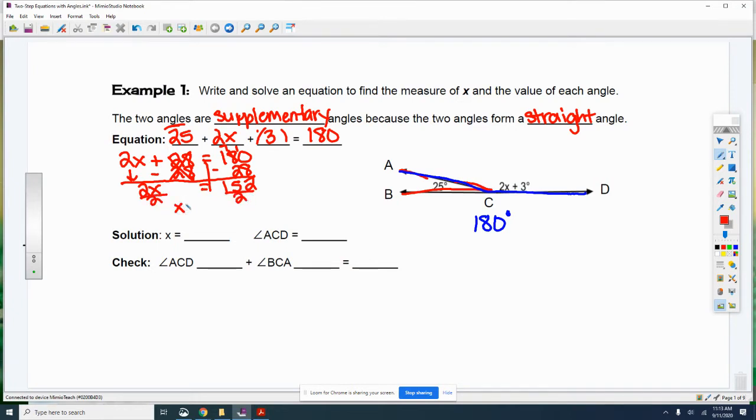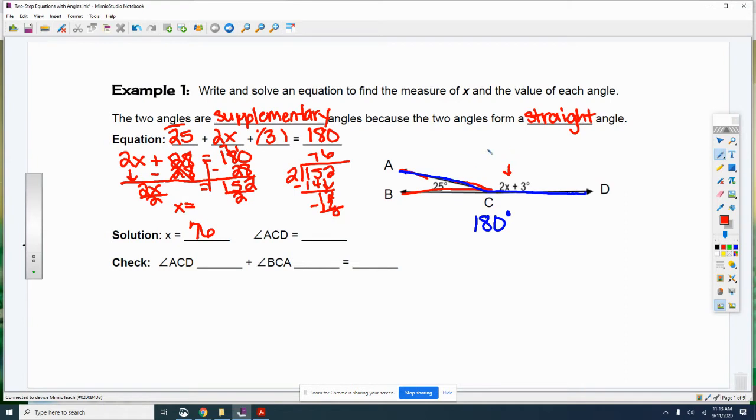So x is going to equal 2 goes into, so let's divide this out over here, 152. 7 times, which gives me 14. Bring down my 2, and 2 goes into 12 6 times, which gives me 0. So my x equals 76. So this is a placeholder for the answer that I found.